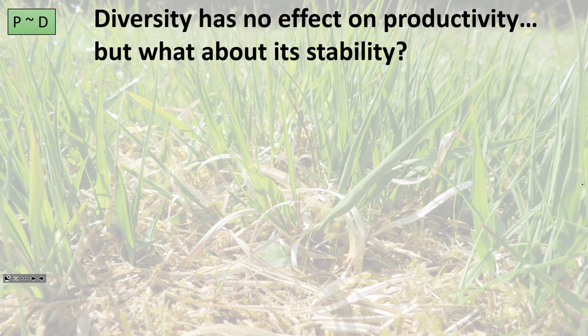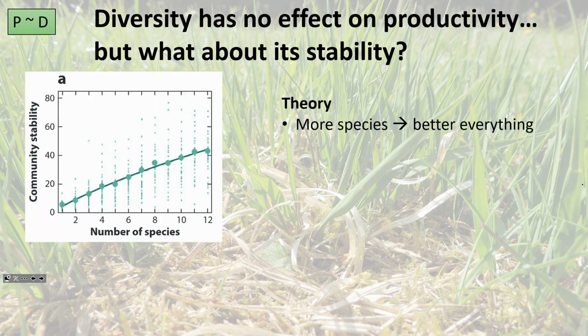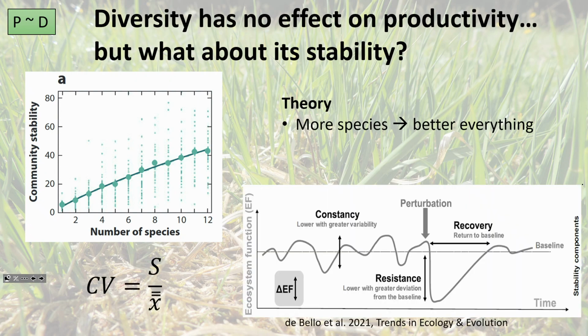So diversity has no effect on productivity, but what about stability? And again, in theory, if you have more species, the world is better, so it's also more stable. More species, better stability. We look at this using just the coefficient of variation.